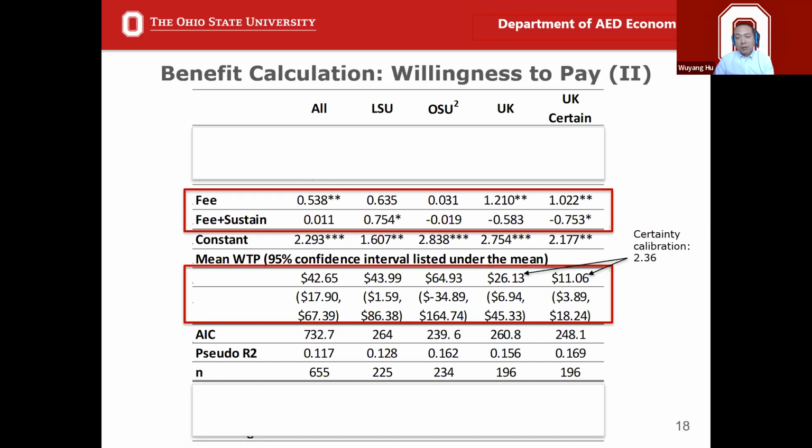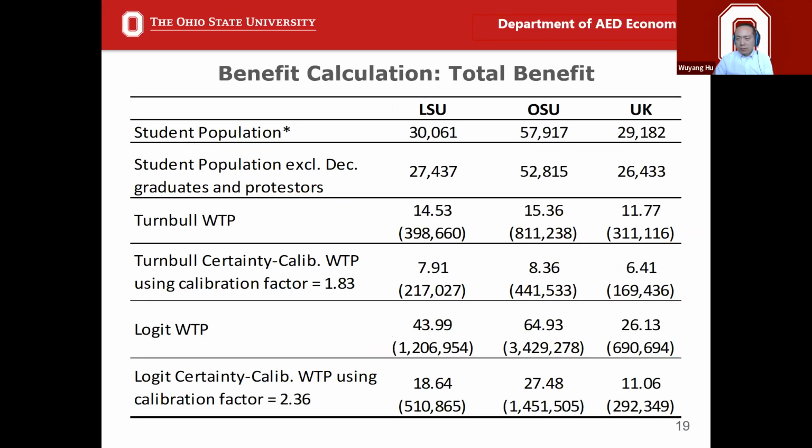If they say probably yes or maybe, they're recoded as a no answer. So automatically, the support will be lower. The partially yes people, halfway yes people, are counted as no. So the willingness to pay is lower, so the benefit is lower. By doing this, we're able to obtain a more conservative measure of the benefits.